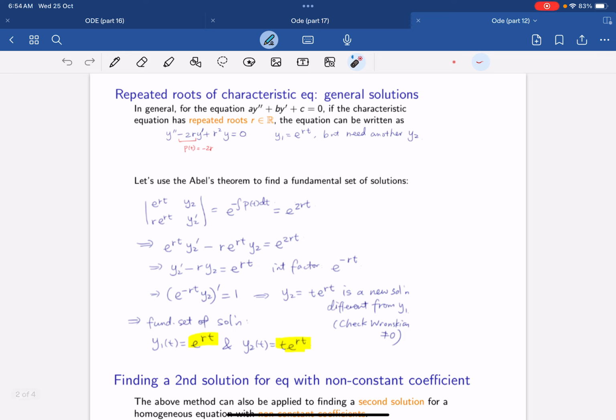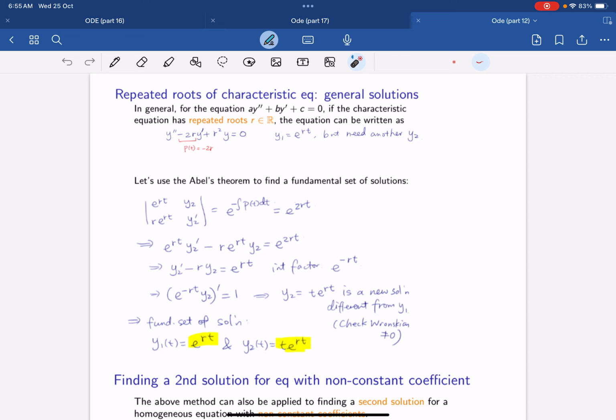So in general, when we have repeated roots, we can always write the equation as the following. And in general, if you solve it generally, we can use Abel's theorem to figure out that y2 will always be t e^(rt), so it's like t y1.